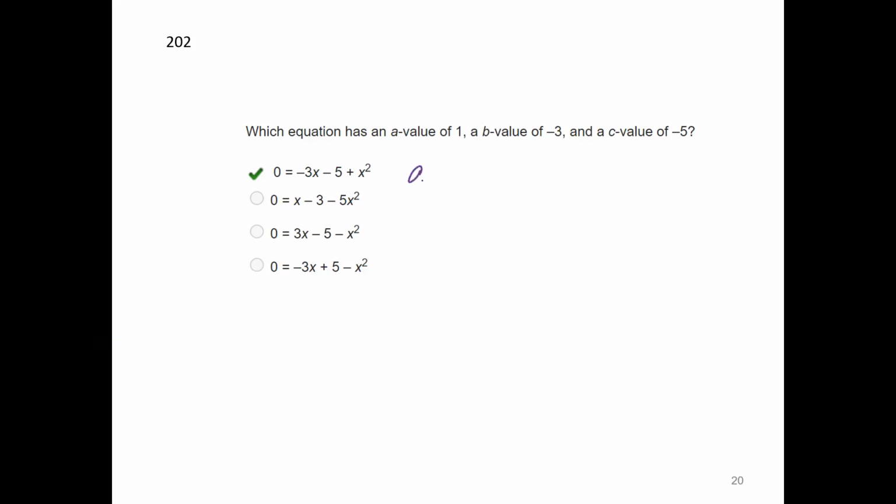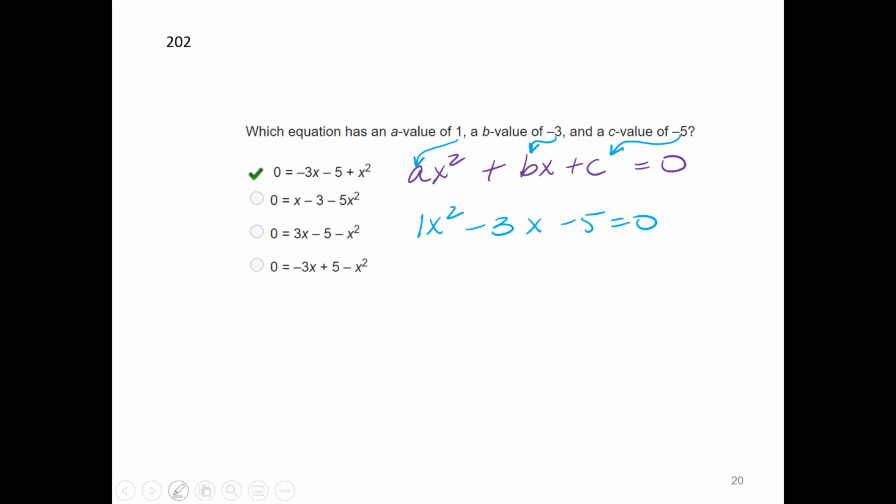Remember how this works: you have AX squared plus BX plus C equal to 0. So if I'm going to replace this, A is a 1, so 1x squared. B is a -3, so minus 3x, minus 5 equals 0. So which equation up there matches this one? That's all that they're asking. You're not solving anything. It's just matching one. So this one's pretty simple.